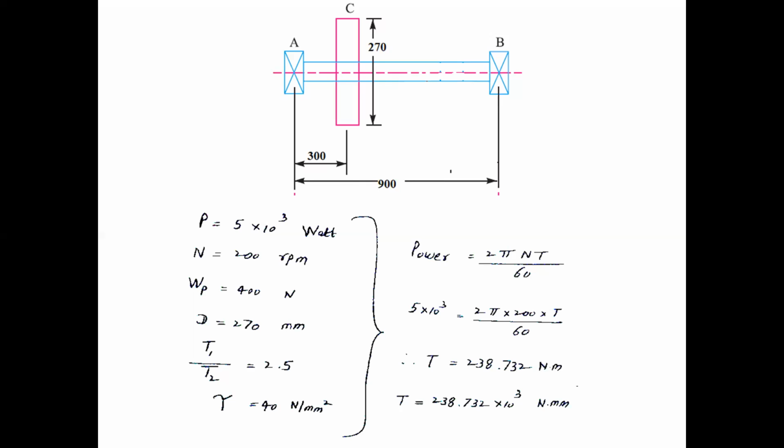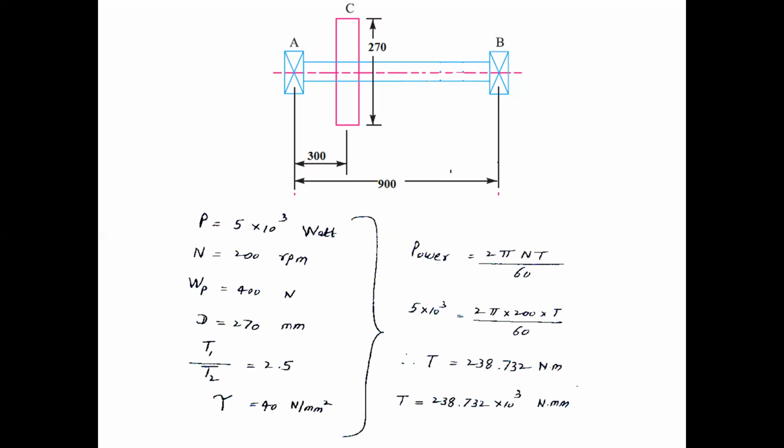As you can look at the right side here, power equals 2 pi N T by 60. So power is 5 into 10 power of 3, equals 2 pi times 200 rpm multiplied by torque T divided by 60. So torque comes out 238.732 Newton meter.